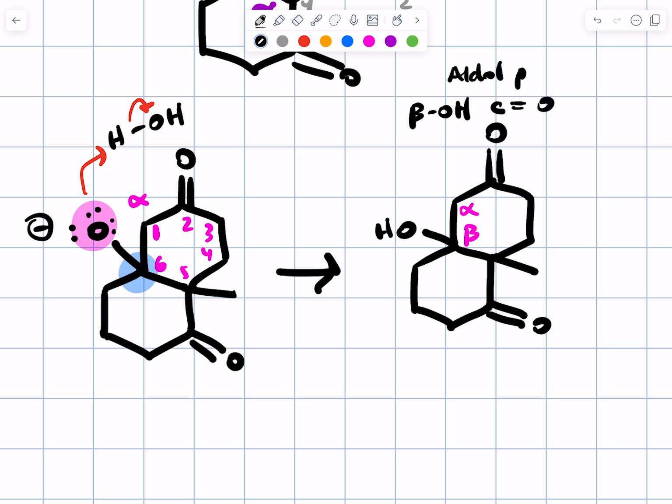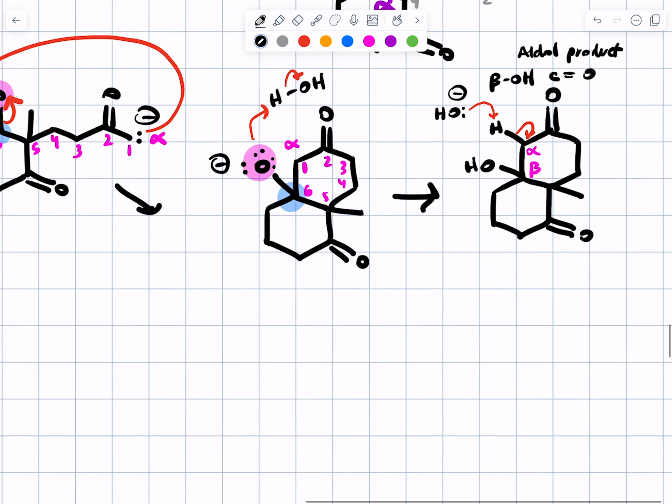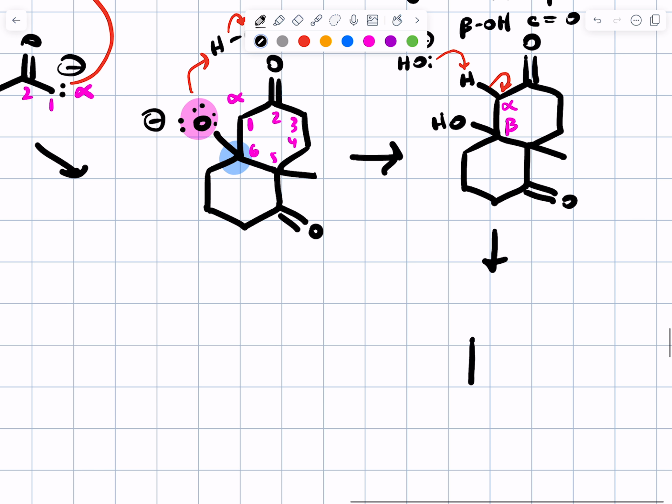In the Robinson annulation, we do not stop at the aldol product. Instead, we proceed with the subsequent dehydration. And that happens in 2 steps via what we call an E1CB mechanism. That is, we remove the proton on the pink alpha carbon to get an enolate intermediate.